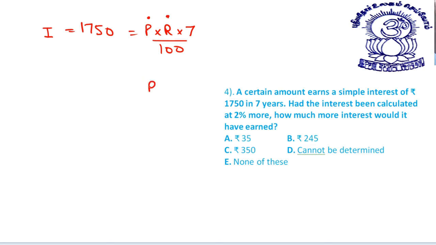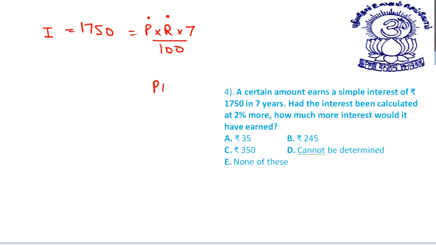In the next case, my rate increases by 2%. Now I know R plus 2, but I don't know the value of R, neither do I know the value of P. Try to understand, students.